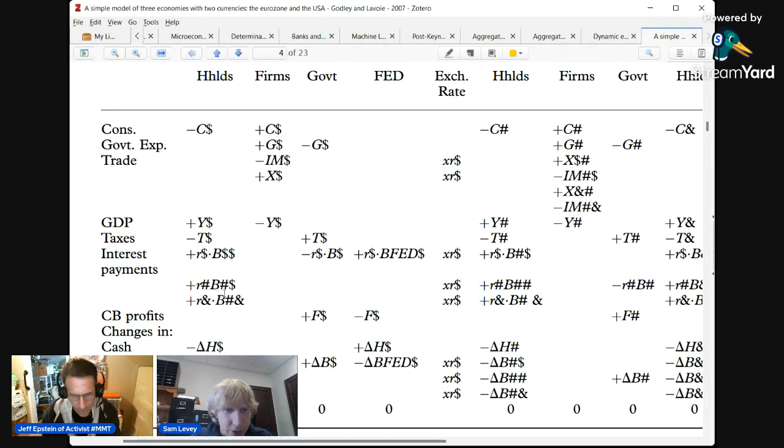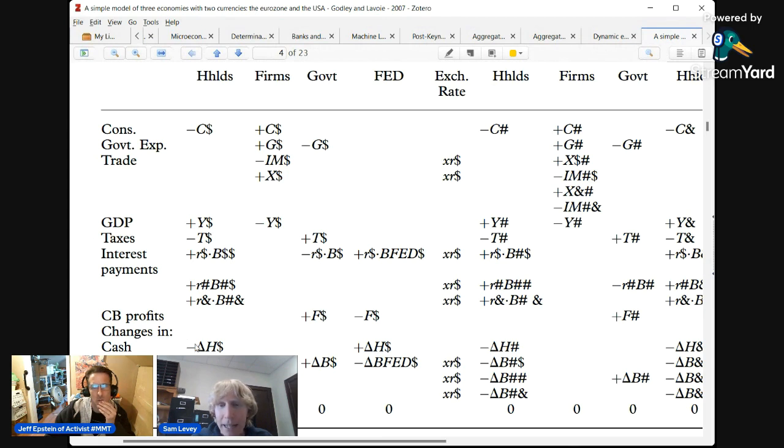Yeah, so these three rows here are the interest payments received by households on the bills that they own, right? And they own three different kinds of bills because there's three different governments. And then I just went through, here's the money they spend and here's the money they earn, and that shows up in the changes in the assets that they hold, right?